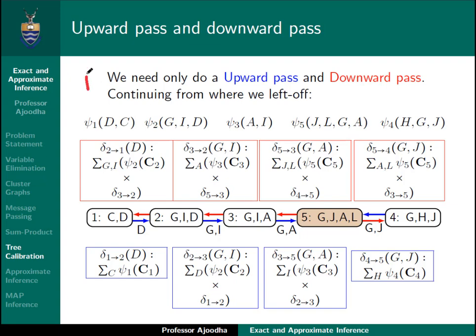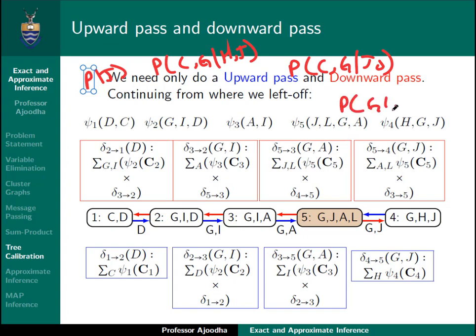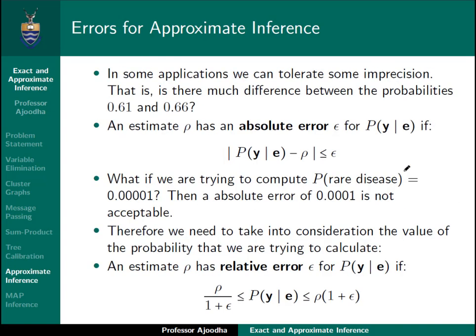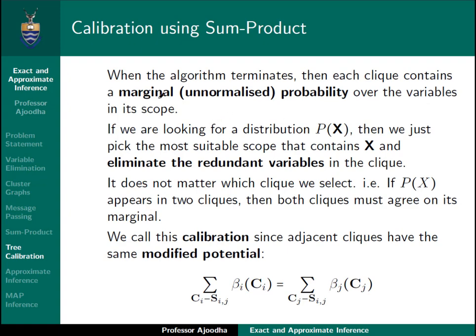You can calculate the probability of J, the probability of C and G given H and J, the probability of C and G given J0, the probability of G and I and something that's not in this one, and D. You can do any kind of computation. Congratulations. There are some beautiful properties that we get. When the algorithm terminates, remember I wrote P tilde of the factor.